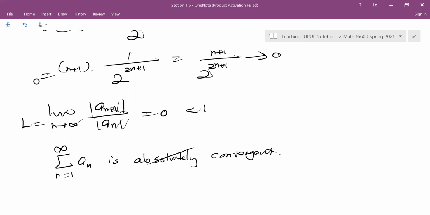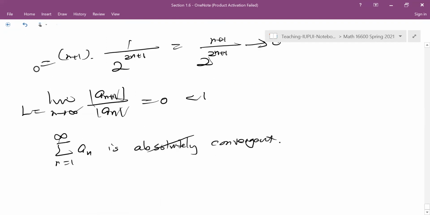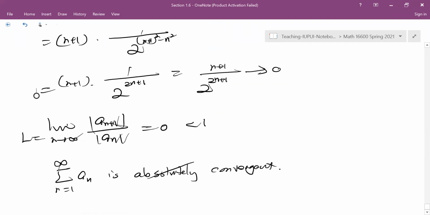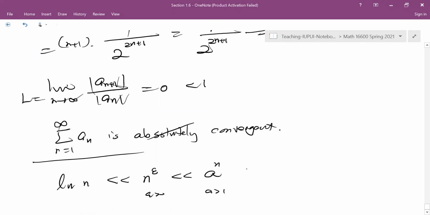So 2 to the n squared grows much, much faster than n factorial. Let's go back to the chart. Natural log of n grows much slower than n to the epsilon, and slower than a to the nth power, where a is greater than 1 and epsilon greater than 0, and less than or equal to n factorial.